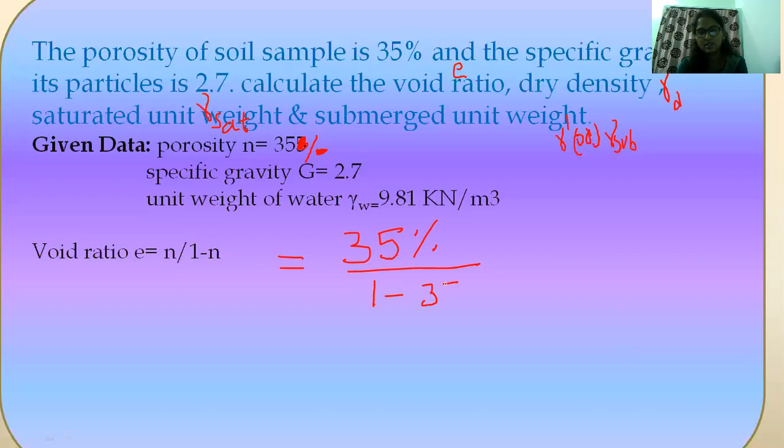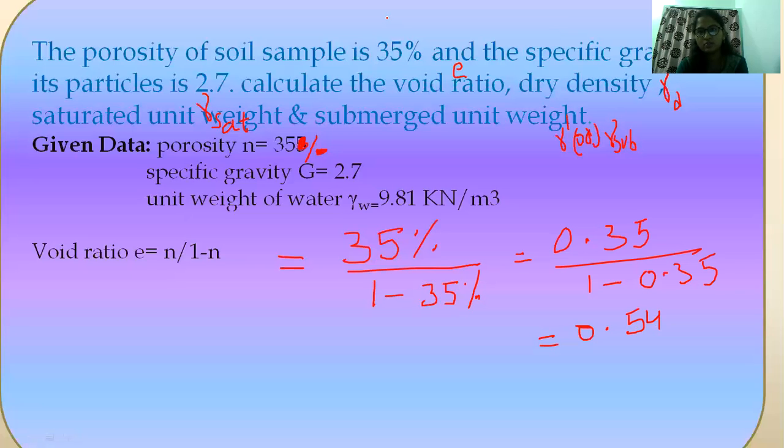It is expressed in percentage, so 35 by 100 is 0.35. So e is equal to 0.35 divided by 1 minus 0.35, that is equal to 0.54.